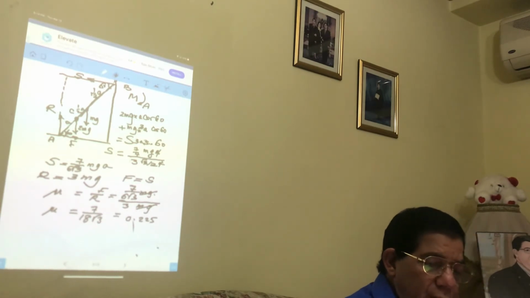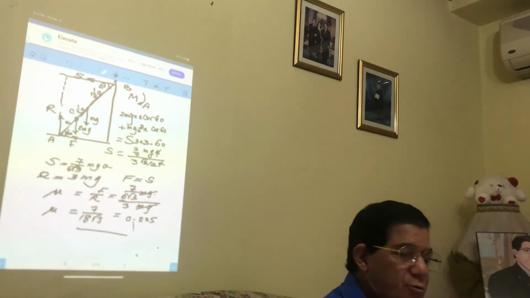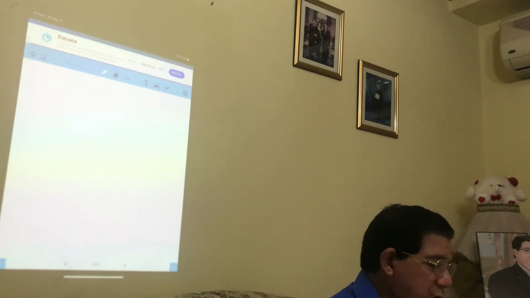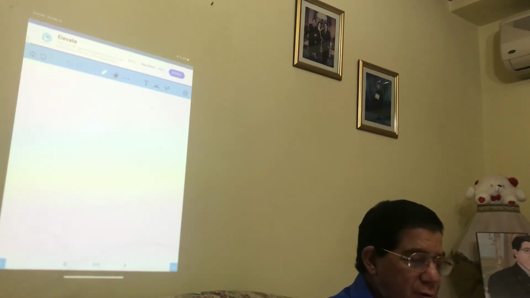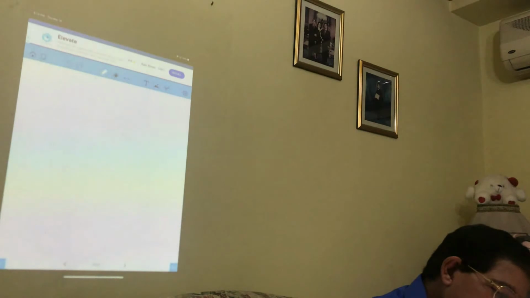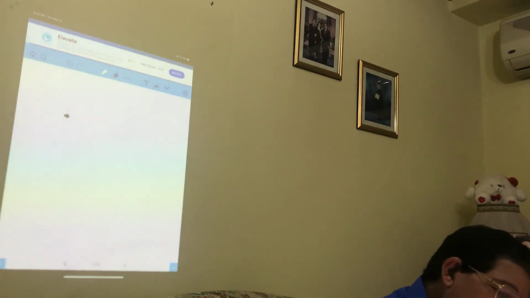Now, this is one type of question. Now we go to the other type of questions. I will give you an example of this type of question. It will say that a rod is pivoted here, making an angle of 30 degrees.